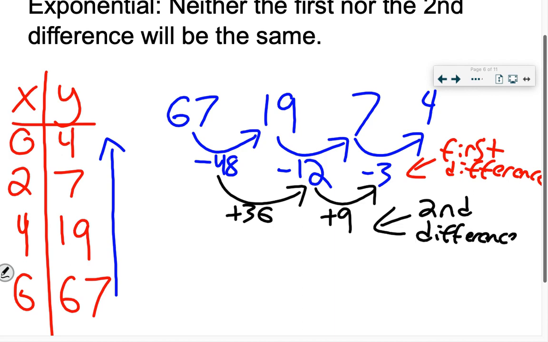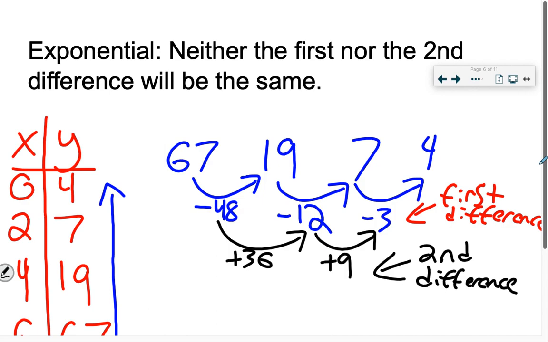Okay? So, to reiterate, first off, these sentences that I wrote, you should probably have them written down in your notes. If just the first difference is the same, it's linear. If the second difference is the same, it's quadratic. And if neither are the same, it's exponential. Okay?